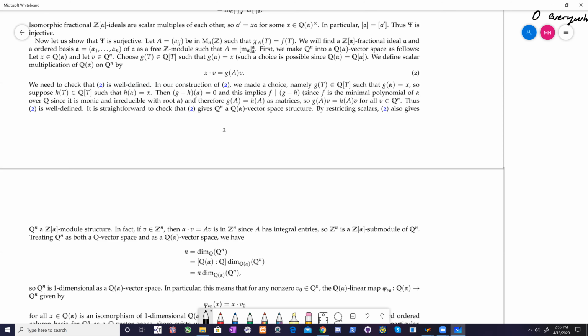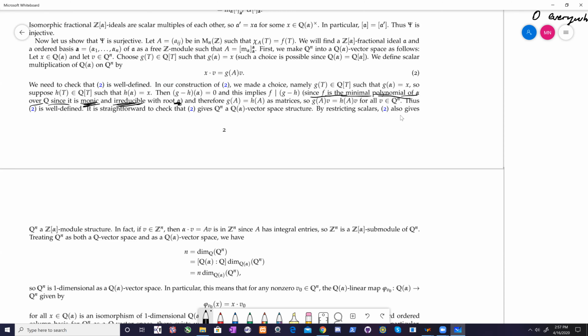Then g minus h of alpha is 0, so alpha is a root of g minus h. And this implies f divides g minus h. And this is where we use the hypothesis that f is the minimal polynomial of alpha over Q, since it's monic and irreducible with root alpha.